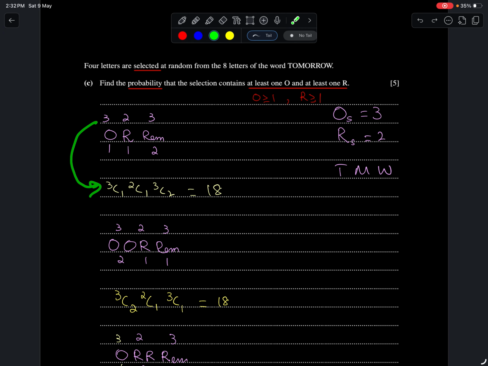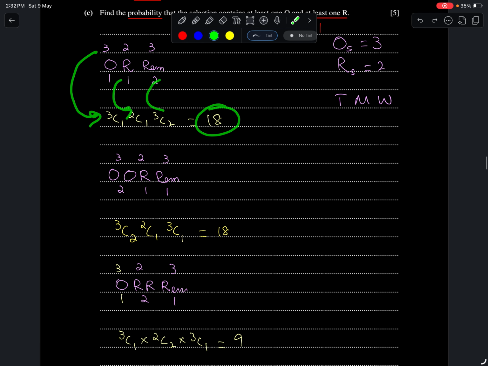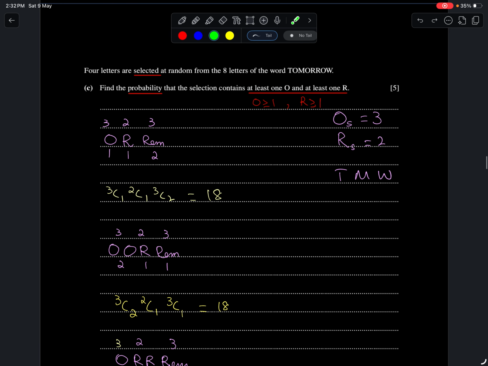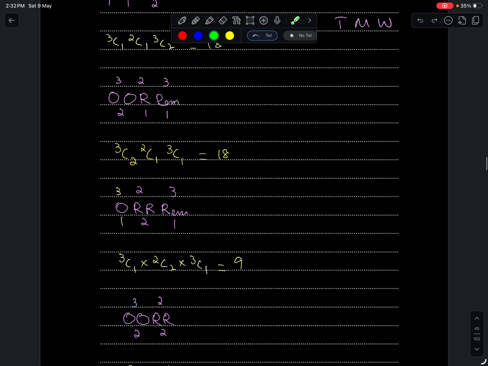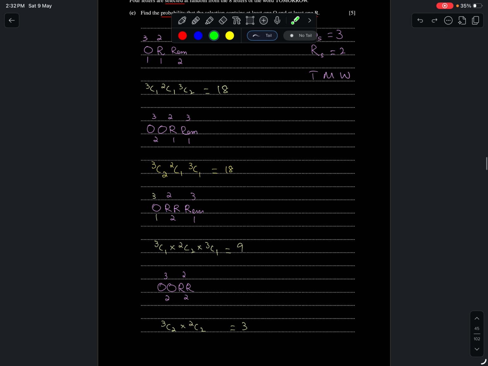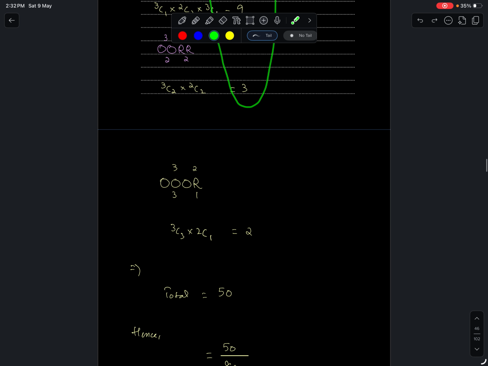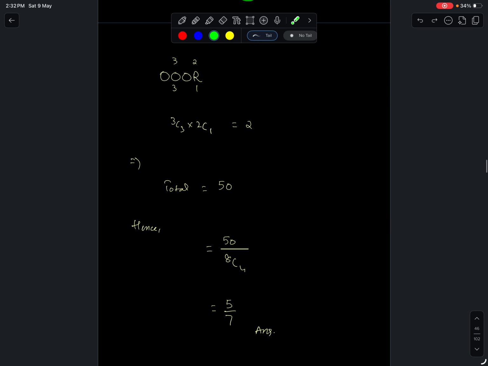Anyway, 3C1, 2C1, 3C2, 18 outcomes. 2 O's out of 3, 3C2, 2C1, 3C1. I'll show you one other question in which I will not write this thing. That question is just for selections. So, do like this, get the total and write the answer.